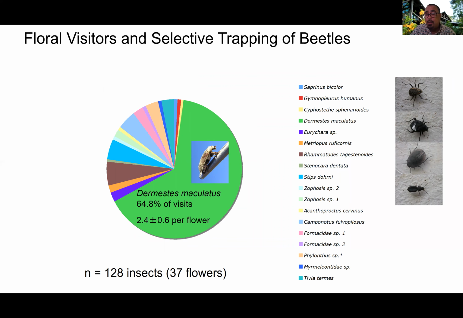This is the beetle that is used for cleaning skulls and bones in anatomical collections. We also noted that beetles only were selectively trapped, while other insect taxa, roaches and ants, could typically climb in and out of the flower with little difficulty, but beetles were trapped in the chamber flower.